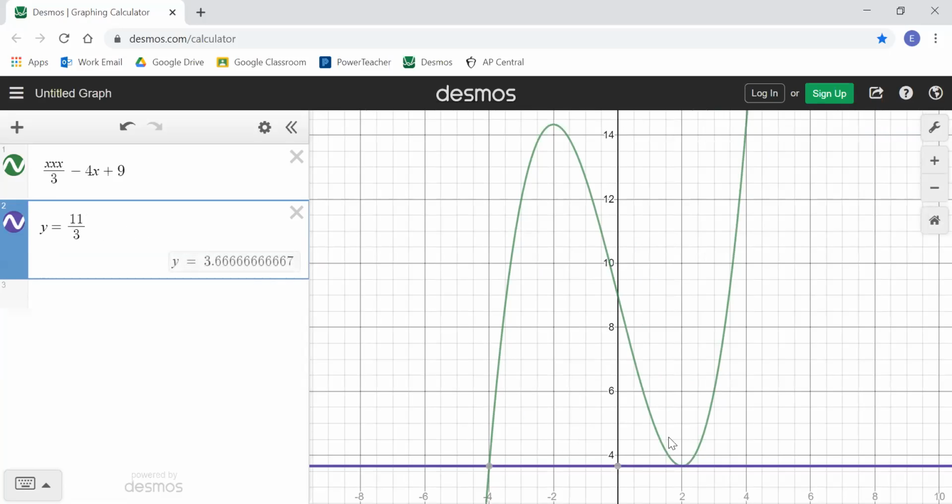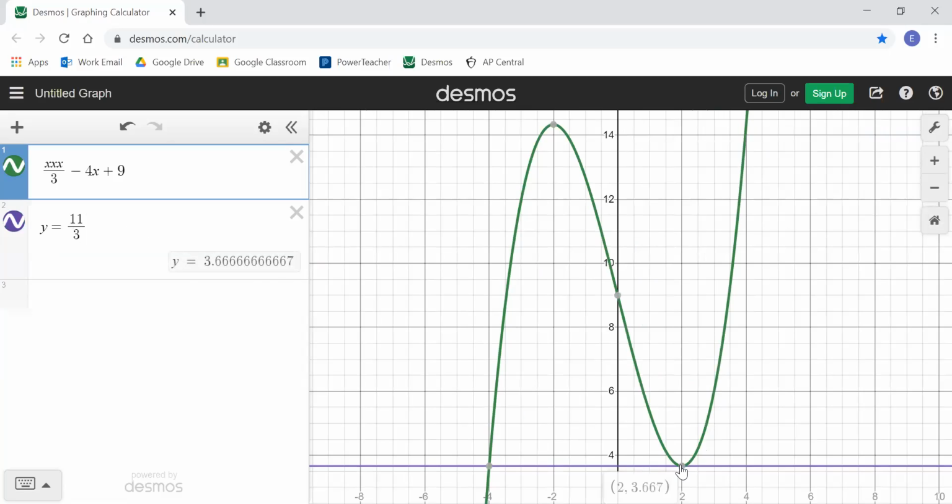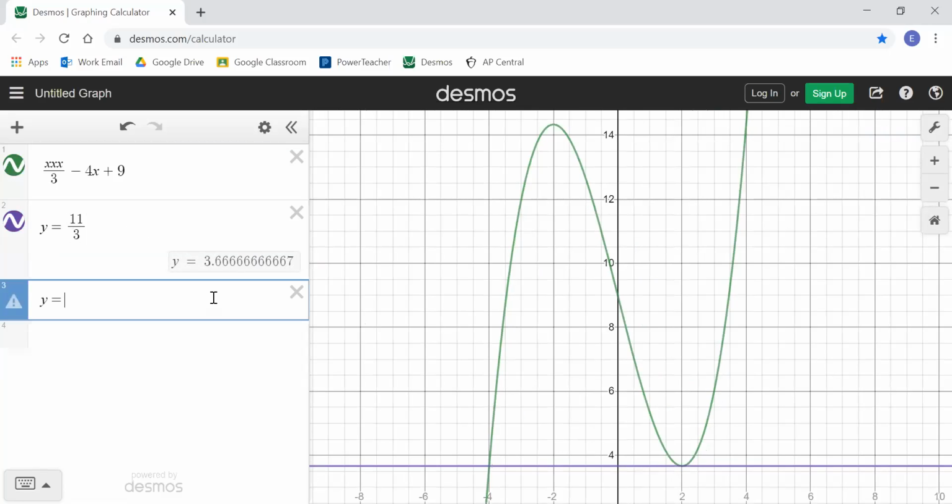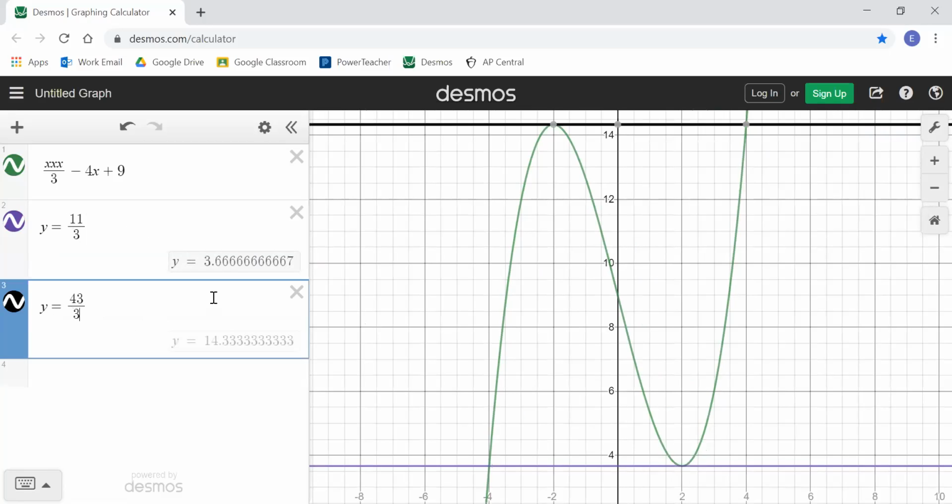Looks like that is tangent right here, right? 2, 11/3, looks pretty good. And what was the other one? 43/3, I believe. Yep, looks tangent to the curve there. So we have two horizontal tangent lines, one at -2 and one at +2. Any questions on that? Everybody okay with that?